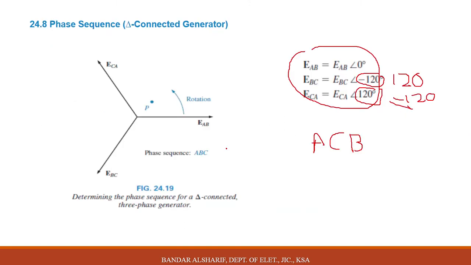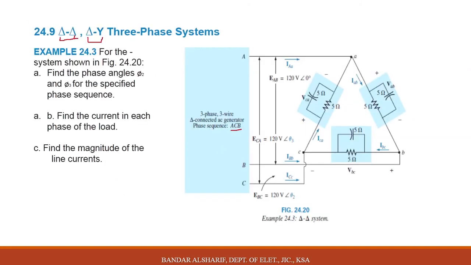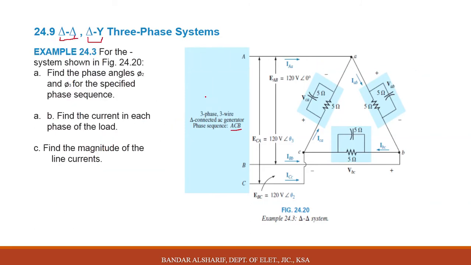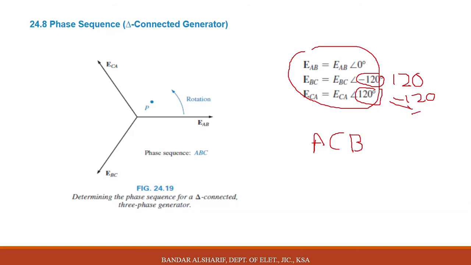As we mentioned in the previous slide, we will follow this. Theta 2 will be 120, theta 3 will be minus 120. As you can see here, for the solution for an ACB phase sequence, theta 2 is 120 and theta 3 is minus 120.